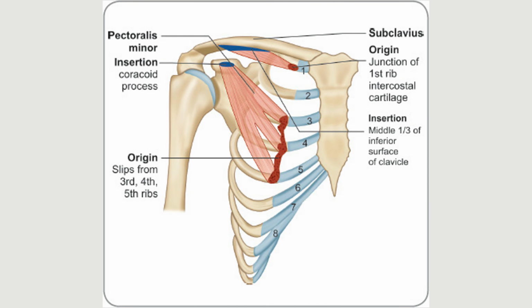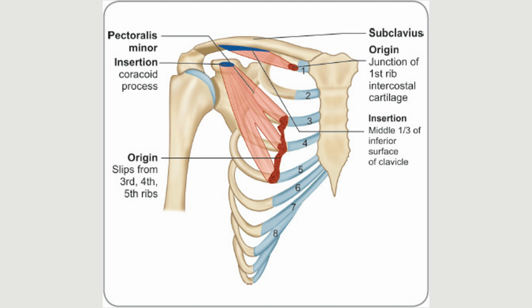Now coming to the next one, which is the pectoralis minor muscle, which is a small triangular muscle that lies deep to the pectoralis major muscle. So during dissection, when we remove the pectoralis major muscle, beneath it we find a triangular shaped pectoralis minor muscle, which is a smaller muscle. As is clear from this picture, it takes origin from the 3rd, 4th, and 5th rib near the costal cartilage, and it is inserted to the upper surface of the coracoid process of the scapula by a short and thick tendon.